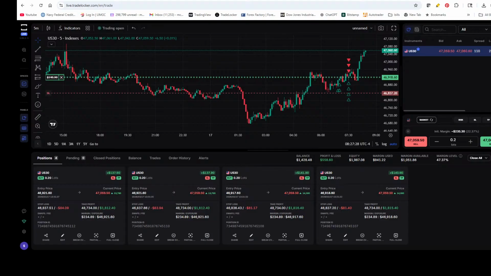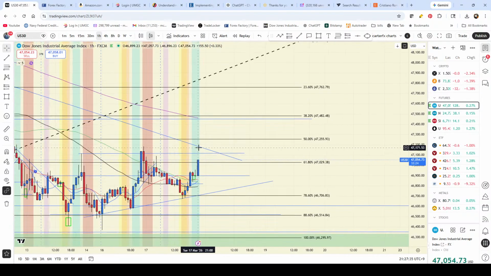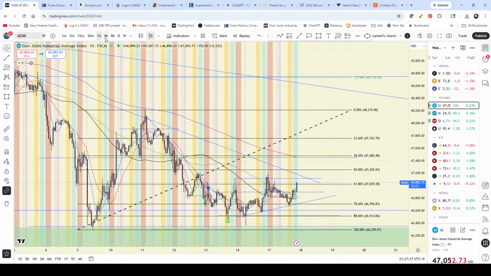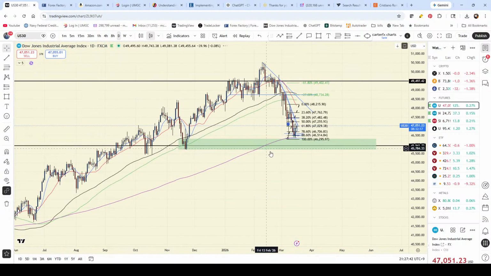Let me break down the setup, show you guys how I entered this trade and what I saw. So the first thing, let's start with our top-down analysis.